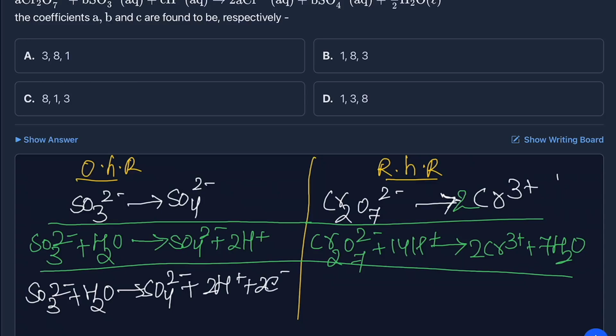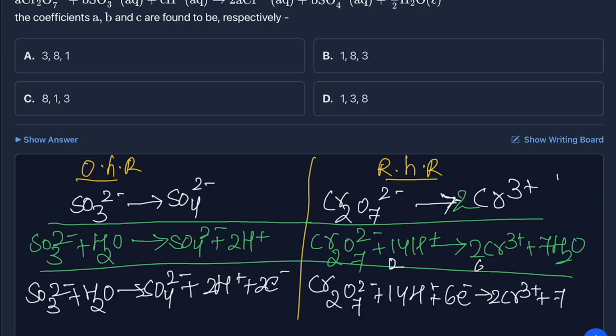Here, 14 minus 2 will be 12, and 2 threes are 6, so 12 minus 6 is 6. Means we have to add 6 electrons: Cr2O7 2- plus 14H+ plus 6 electrons gives 2Cr3+ plus 7H2O.